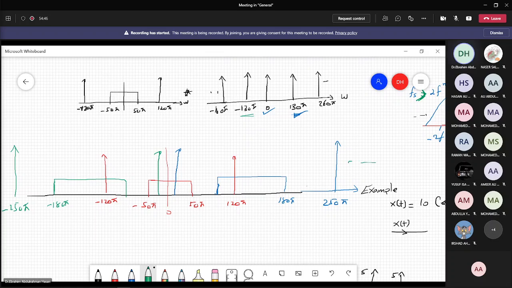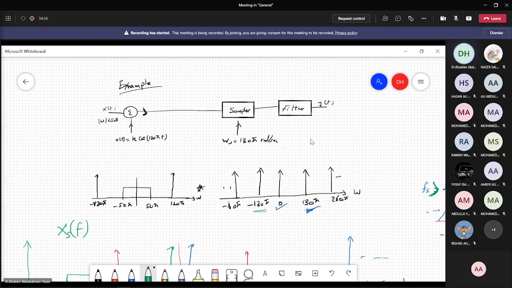And so on. Now this is my x, s of f, which is here.